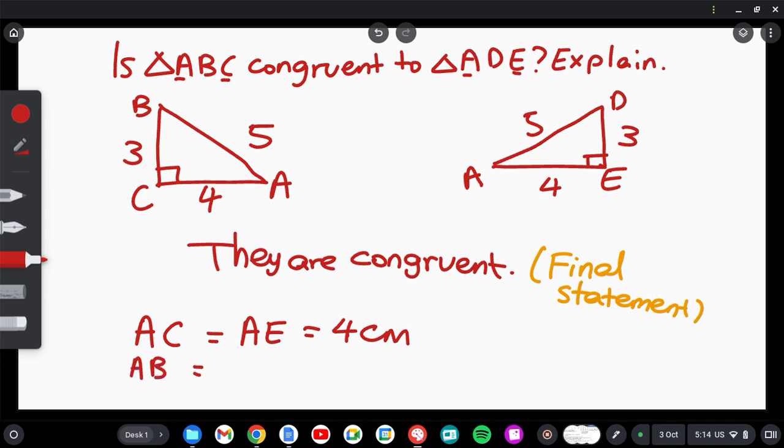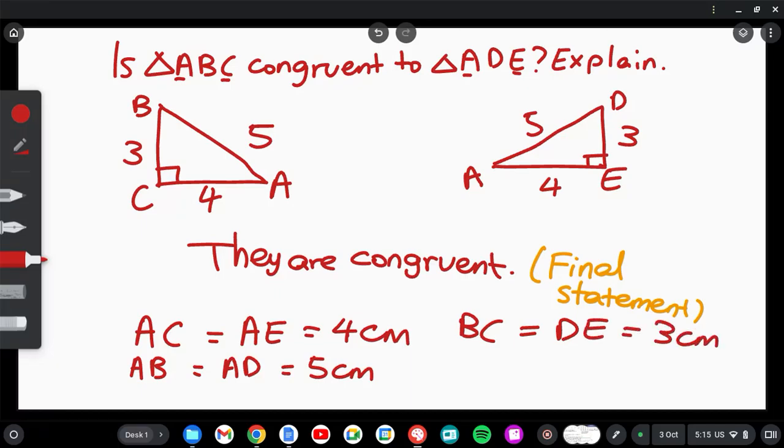AB equals AD equals 5. Very good. BC, B for Bravo, BC equals DE equals 3 cm. Once you've done this, this is your super first step.